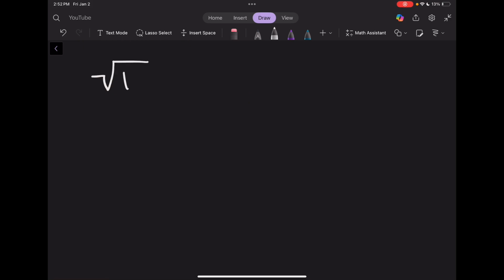Let's do the square root of 16. So let's ask ourselves out loud, what number squared gives us 16? Or what number to the second power gives us 16?